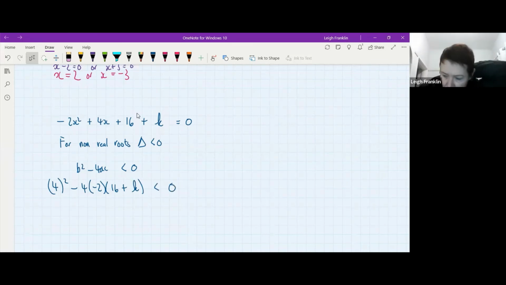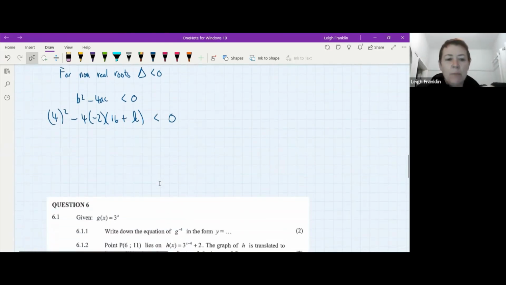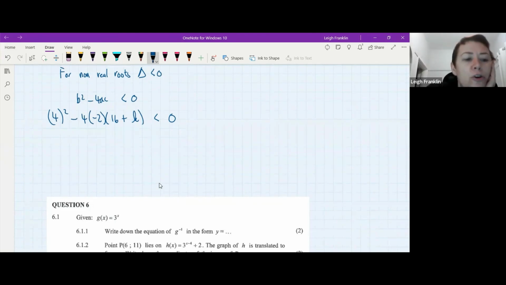Now we need to remove our brackets and collect our k term one side and our number term the other side. This gives us 16. I agree, Pumeza. Negative 4 times negative 2 times 16 is going to be 16 times 16, which is going to be plus, is it 256? Nicole, is that right?